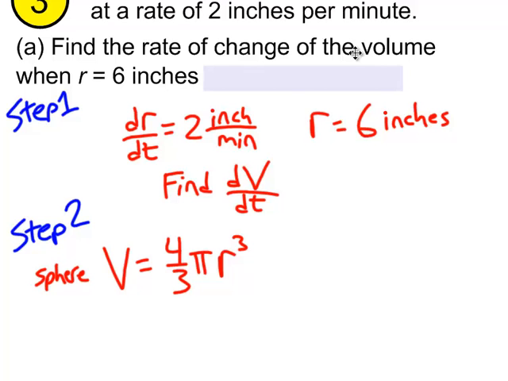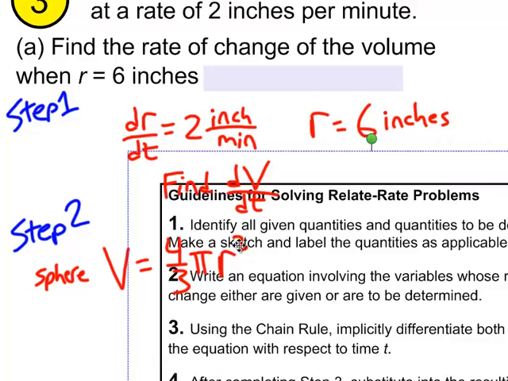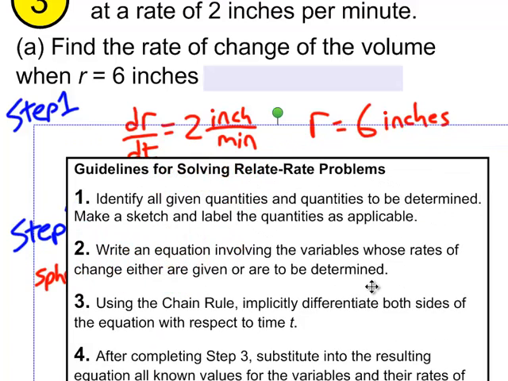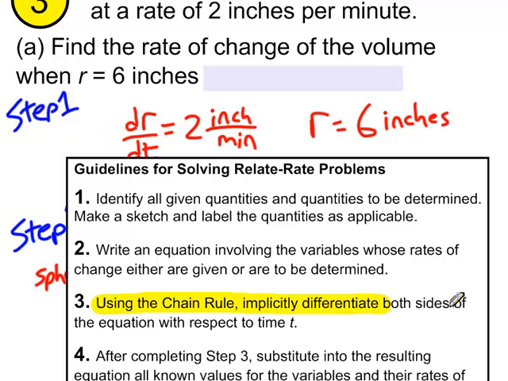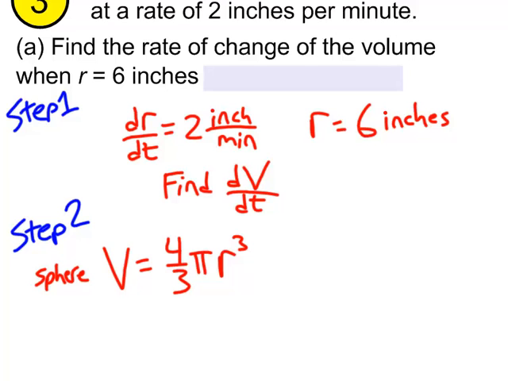All right, step 3 is to use the chain rule, implicitly differentiate both sides of that equation with respect to time t. So that equation that we just wrote in step 2, we're going to do d over dt of both sides. That's step 3. Let me divide this up a little more clearly here.